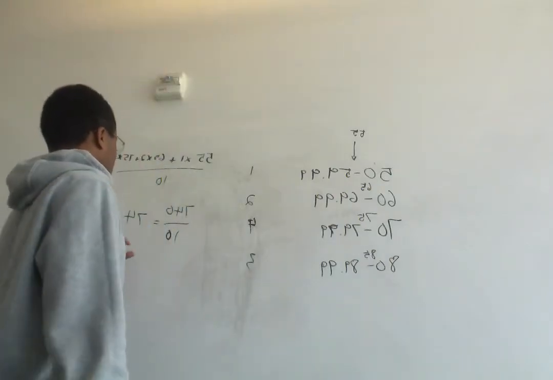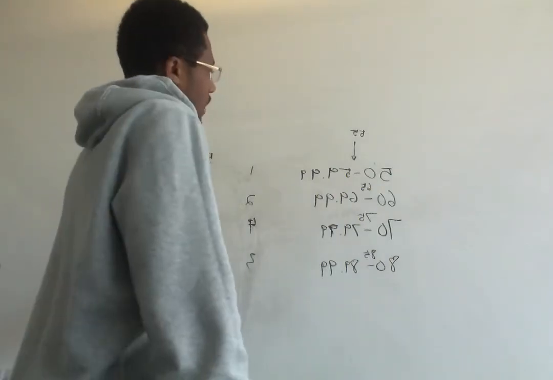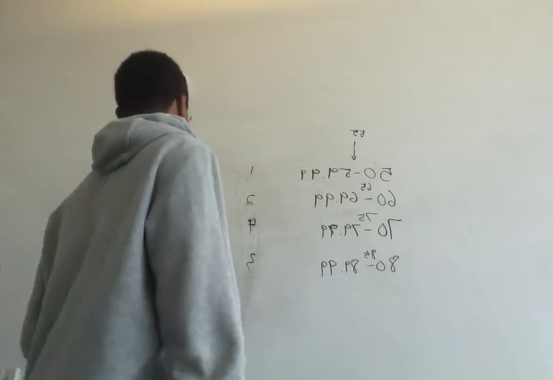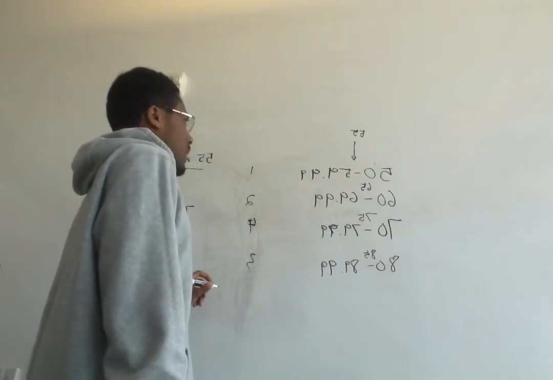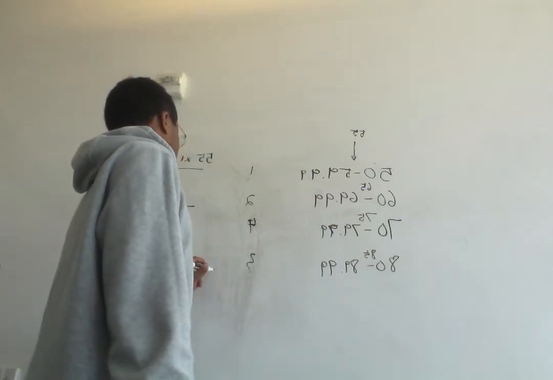You basically just take the mean, and you do the same steps as you would do before for any other standard deviation.